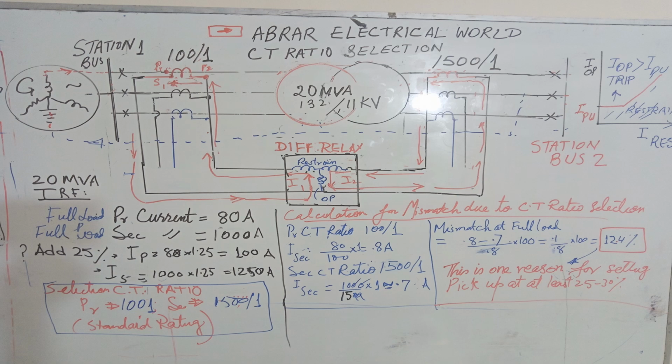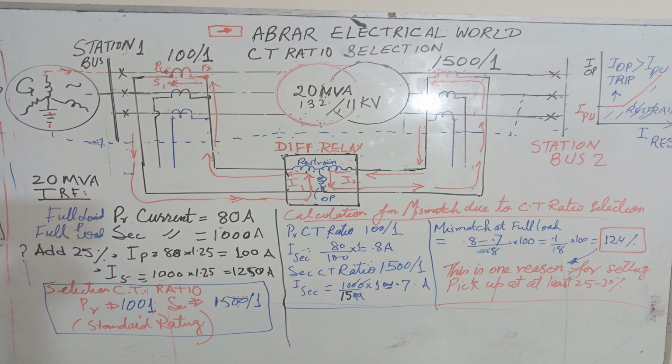So after selecting this ratio, I have calculated what the secondary current will be at full load. The secondary current on the primary side, or 132 kV side, will become 0.8 ampere. Looking at the CT secondary side for the 11 kV side, I will have 0.7 ampere for the secondary side of the CTs.